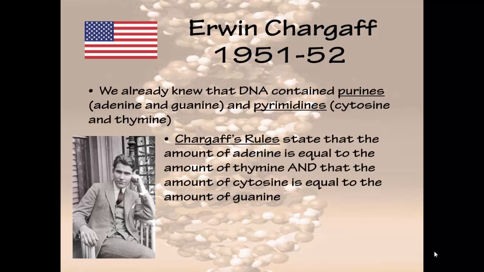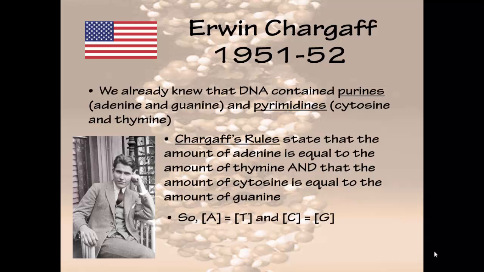What Chargaff figured out with his research is that the amount of adenine in a DNA molecule is equal to the amount of thymine. He also found that the amount of cytosine in a DNA molecule is equal to the amount of guanine. So the amounts were equal.